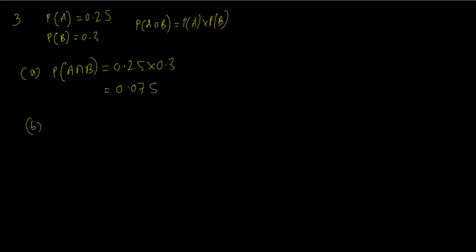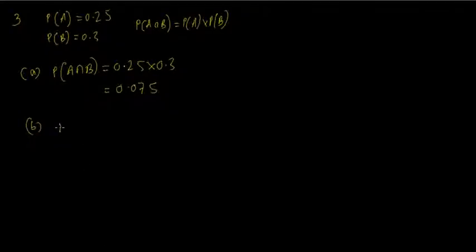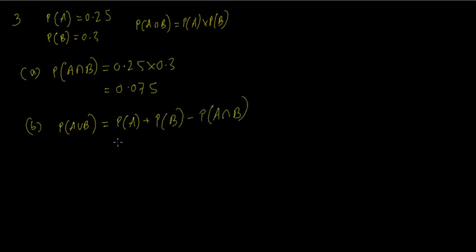Question number B. Find A union B. A union B means formula is preferable. So A union B is going to be probability of A plus probability of B minus probability of A intersection B. Probability of A is 0.25, probability of B is 0.3 minus 0.075.